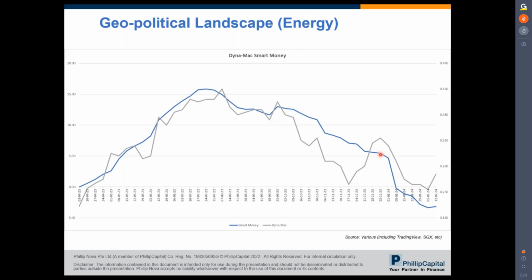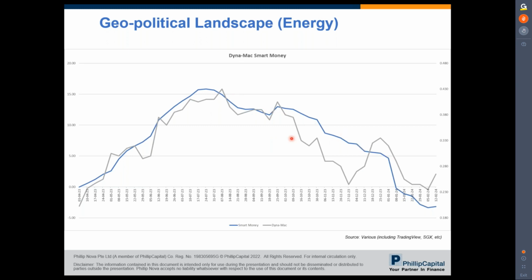For example, one of these here is Dyna-Mac, the ticker is NO4. Dyna-Mac is in the oil and gas sector. It provides engineering, fabrication, and construction services. What we see is that smart money had been selling since July last year until now.